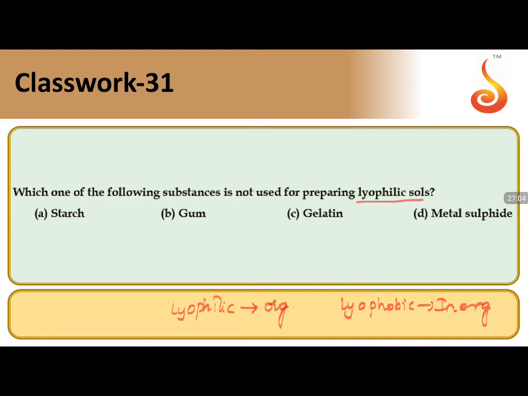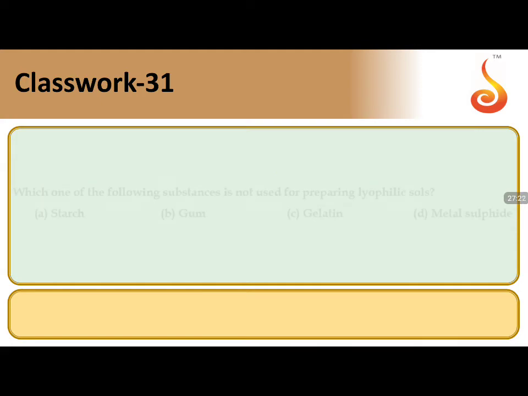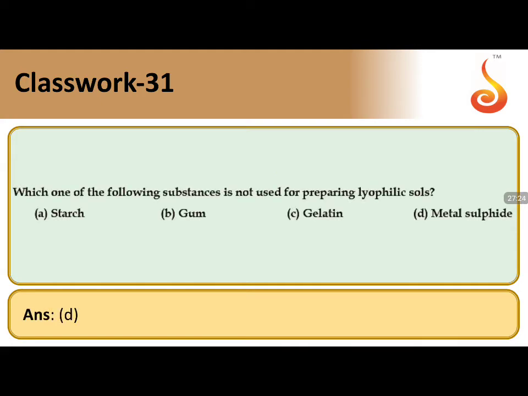Here, starch, gum, gelatin are organic, and the only inorganic compound is metal sulfide. Can it be lyophilic? So the one not used is option D. I hope you understood. So the answer should be option D.